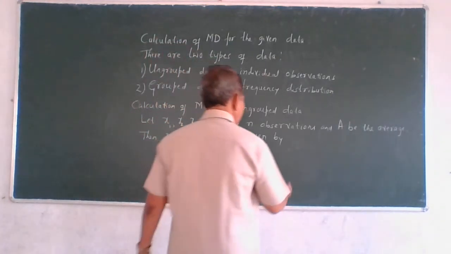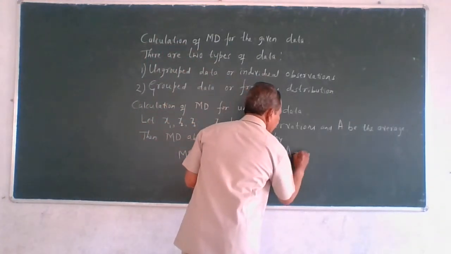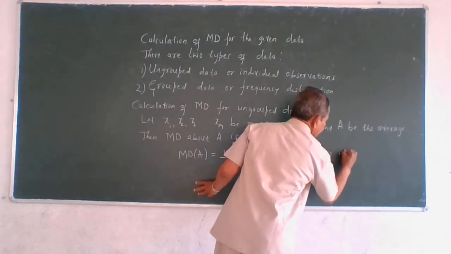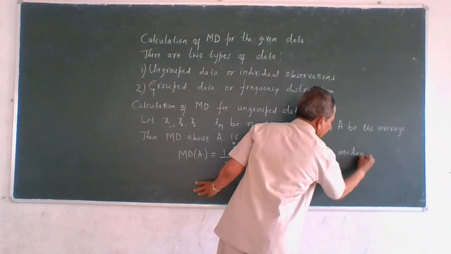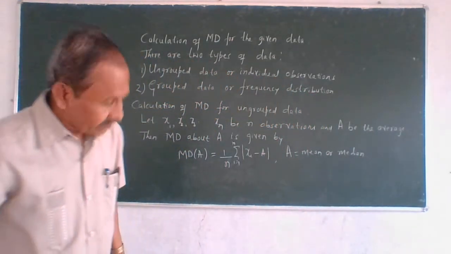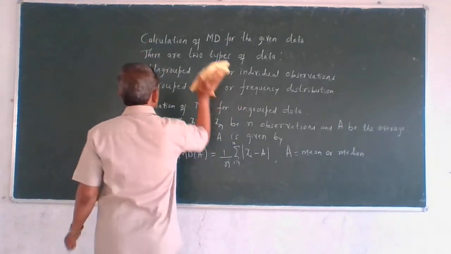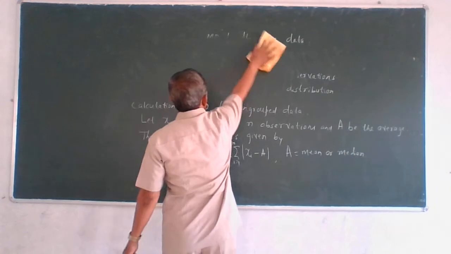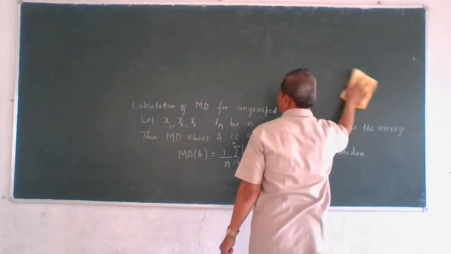Then what is A? A is the average. It may be mean or median. If you take A as mean, then we get mean deviation about mean.